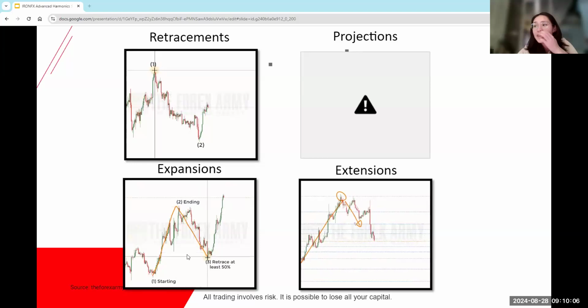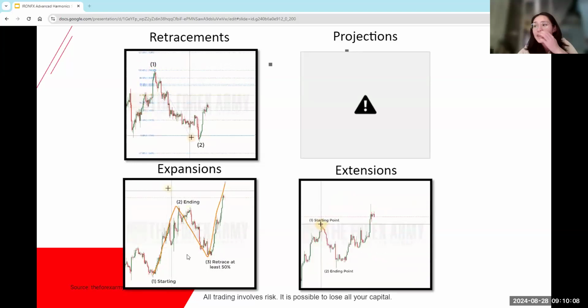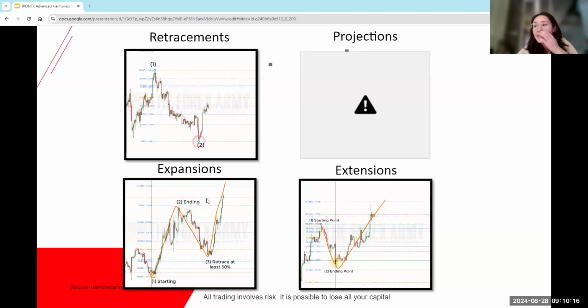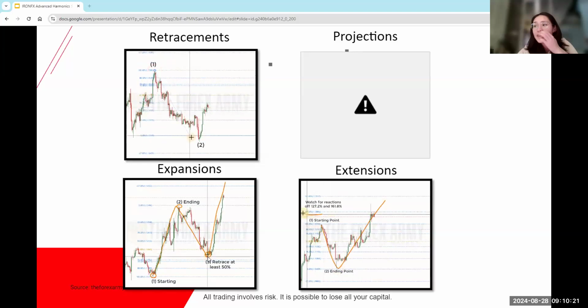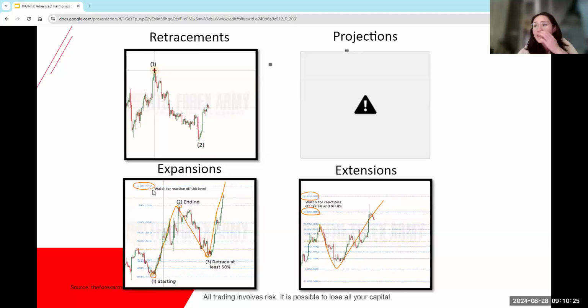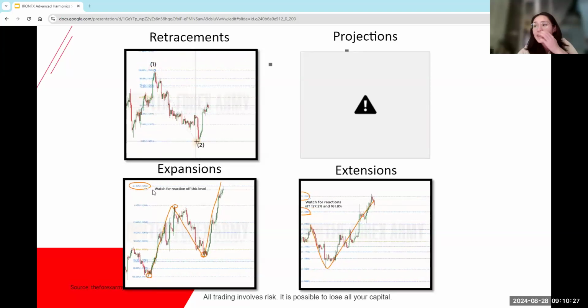It has to surpass or retrace at least 50% of your initial trend line before you can use this expansions technique. And then we're projecting where prices will hit towards the minus 27 or the minus 61.